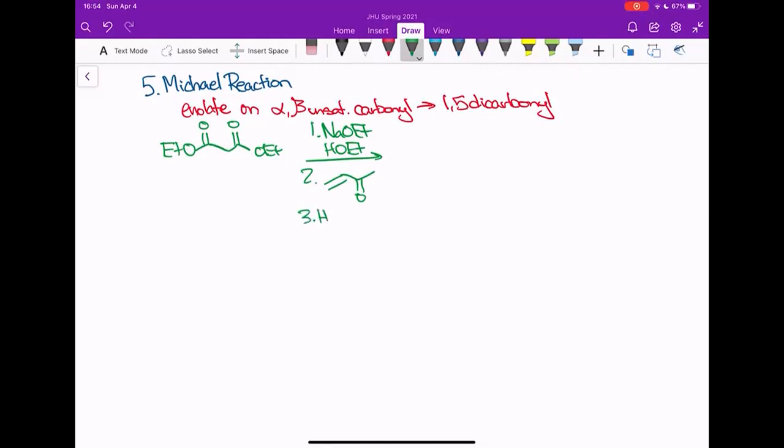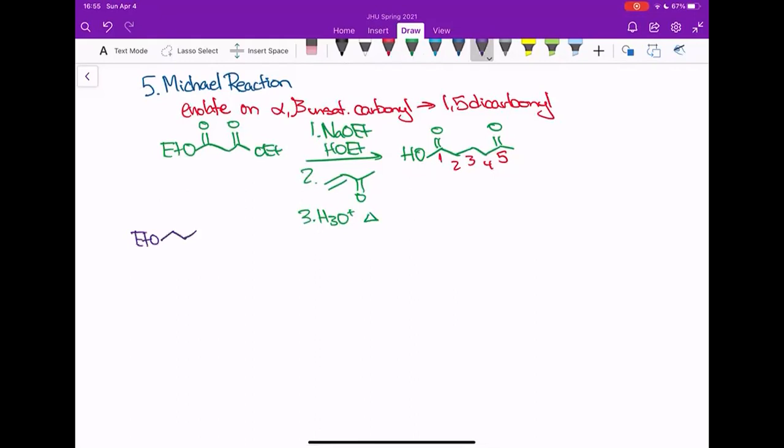And then lastly, you'll want to have an acid workup with heat. And then your final product will look like this. And these are the positions where you have your 1,5 dicarbonyl.